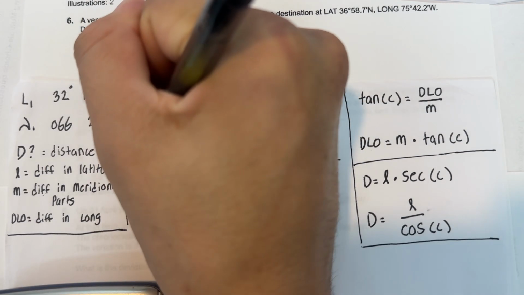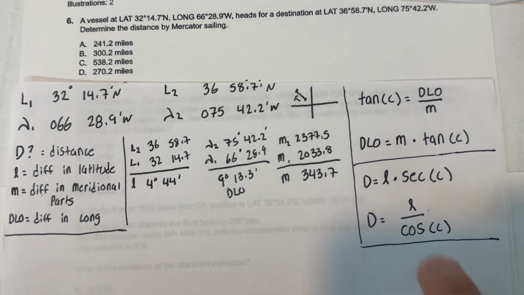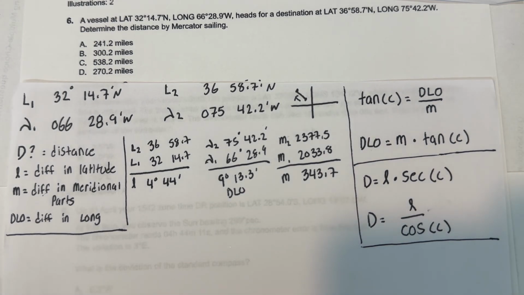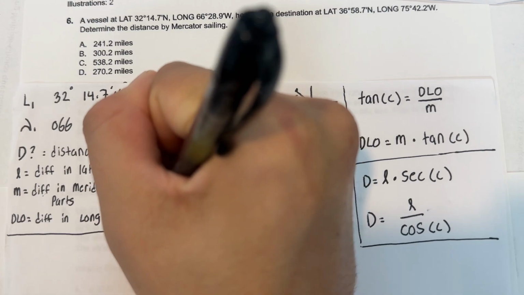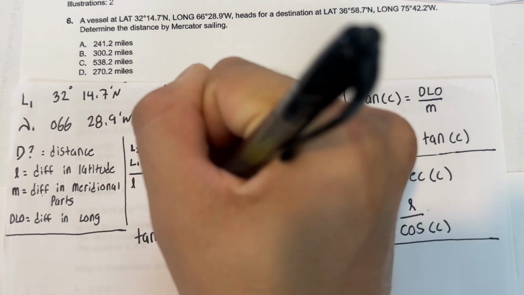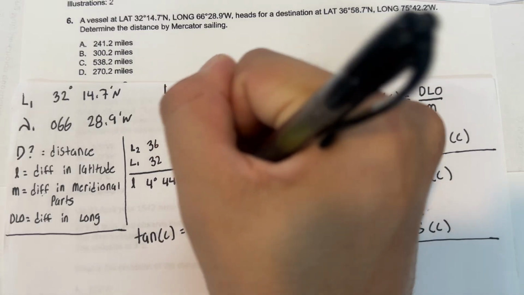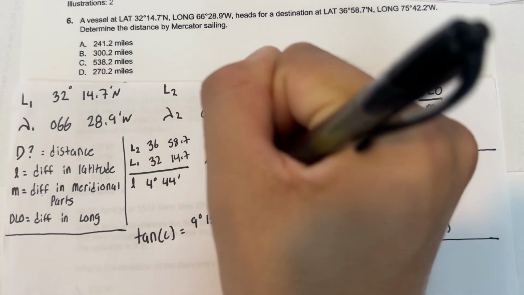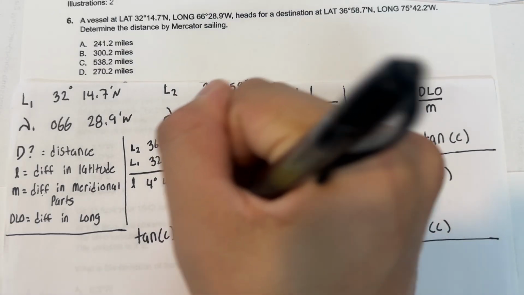So we have everything we need to now go into the problem. Our first formula is tan C equals difference in longitude over M. So tangent course equals our difference in longitude, 9 degrees, 13.3 minutes, over M, 343.7.